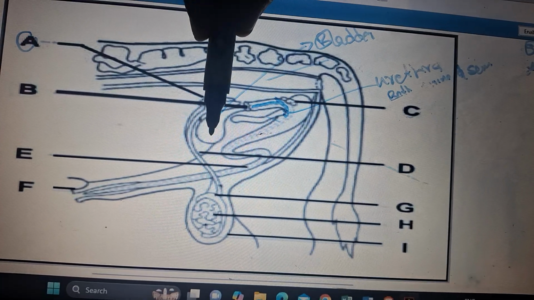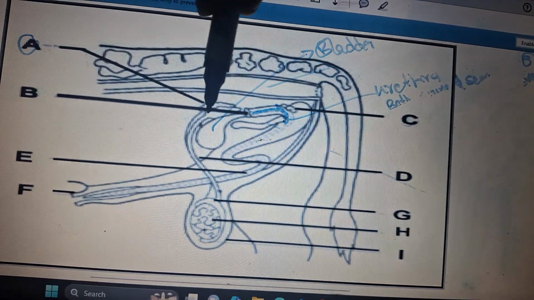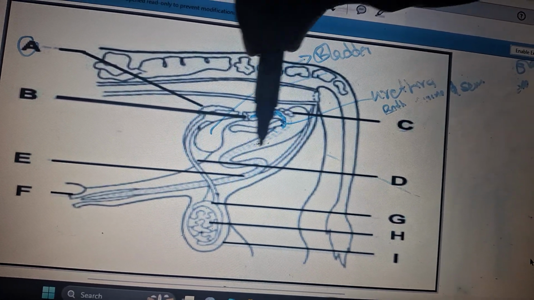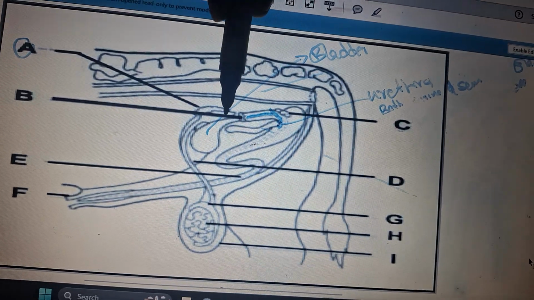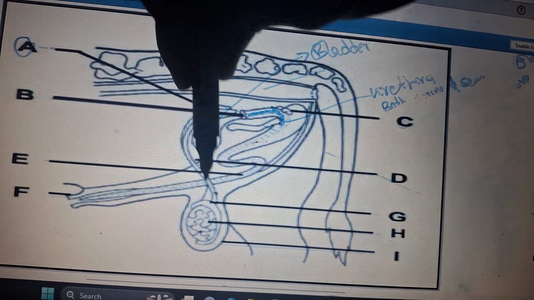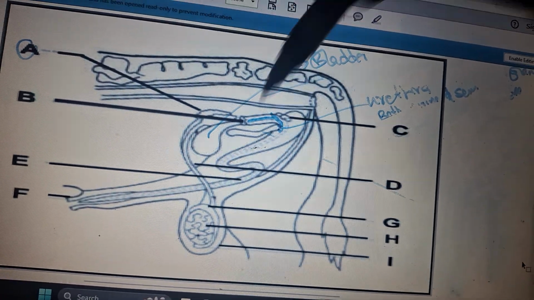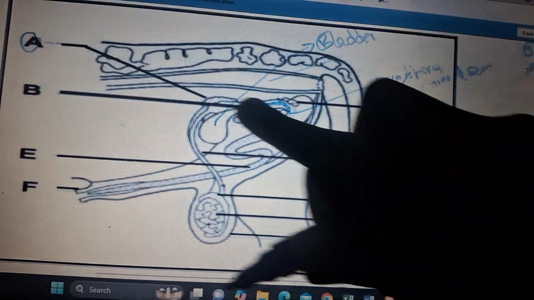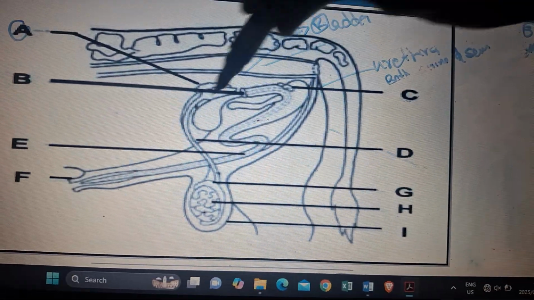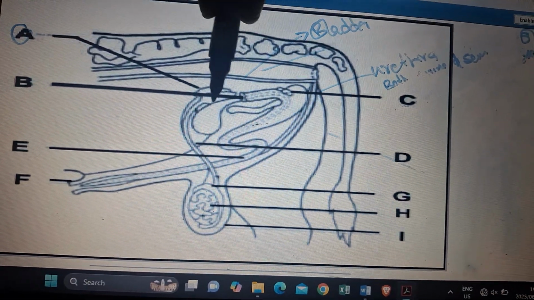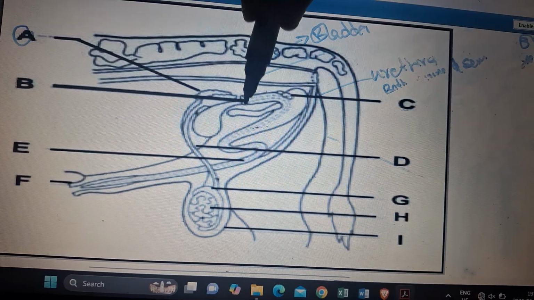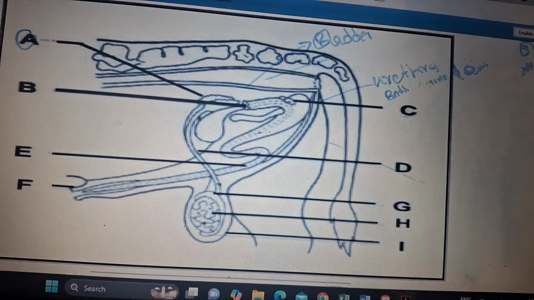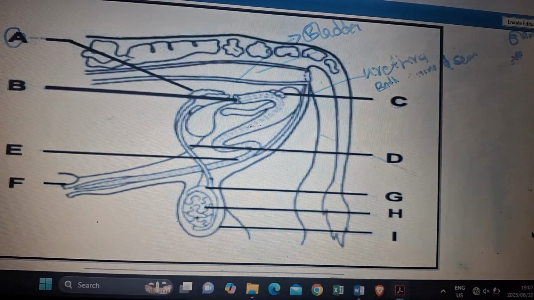So this one allows urine to pass through the urethra when nature calls, and the semen from the sperm duct will also use the same passage. Then you can tell that there's no way you can pass both the urine and the semen simultaneously, because there's only one sphincter that controls the exit of both.